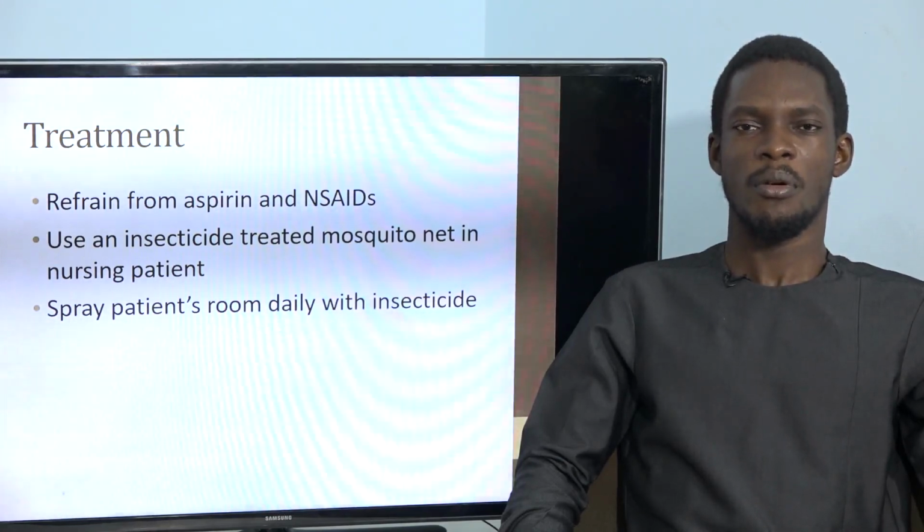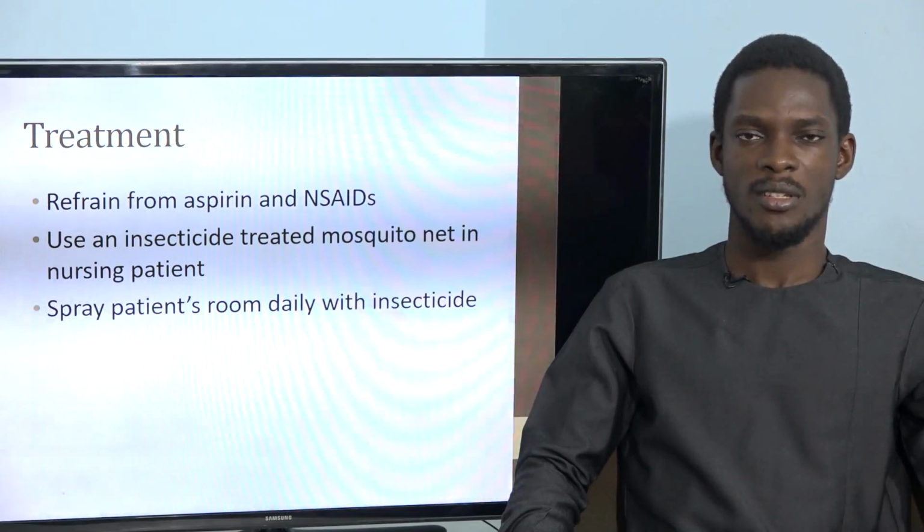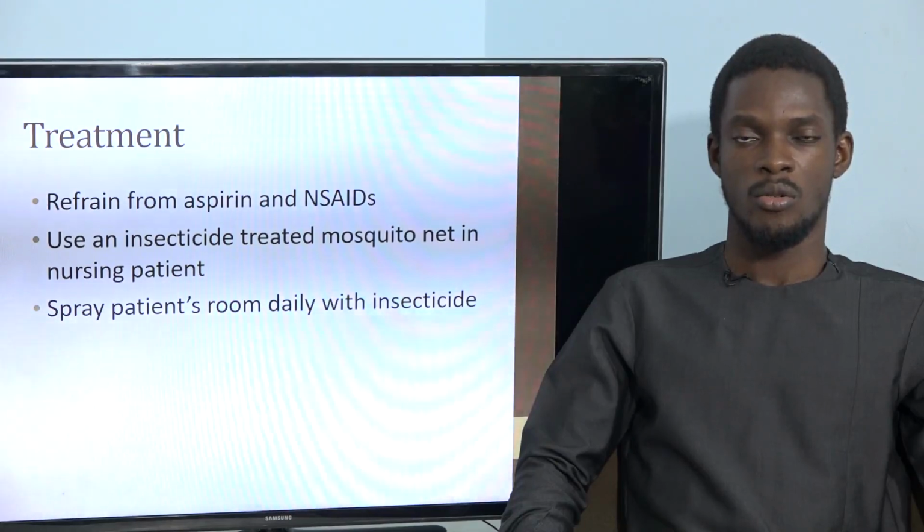And because of the problems that this disease is giving to the liver, giving an NSAID will only complicate the problems of the liver.